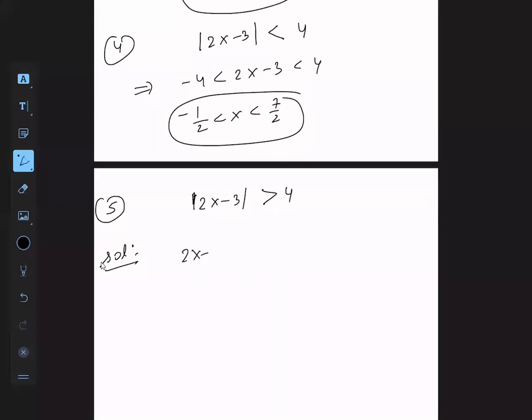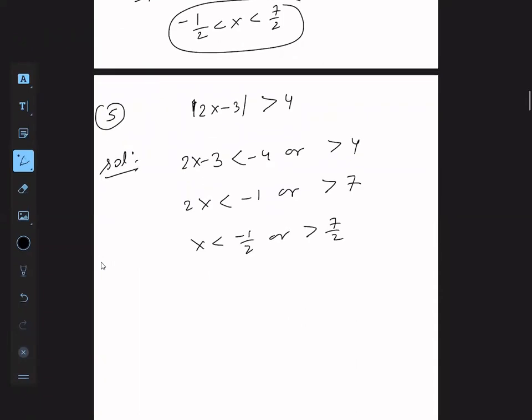That is, 2x minus 3 is either less than minus 4 or greater than 4. So 2x is either less than minus 1 or greater than 7. So x is less than minus half or greater than 7 by 2. So x belongs to minus infinity to minus half union 7 by 2 to infinity.